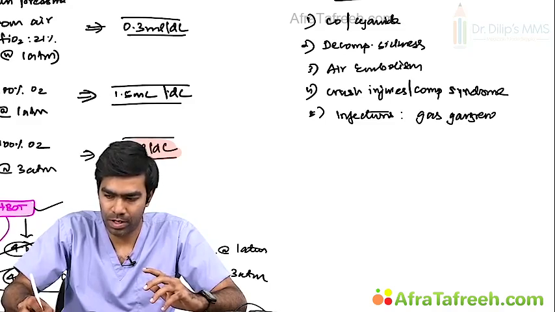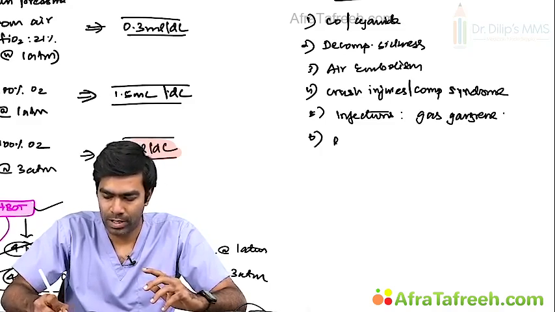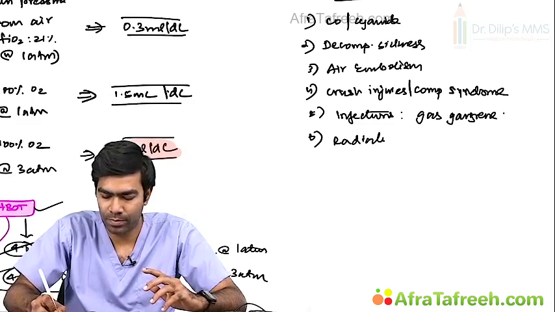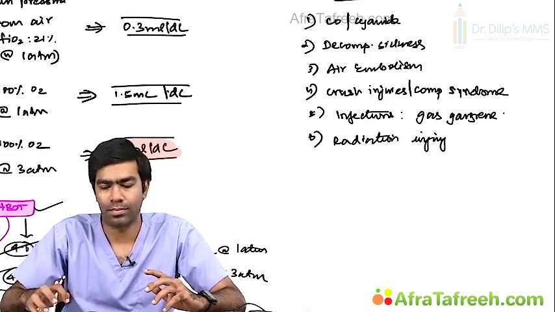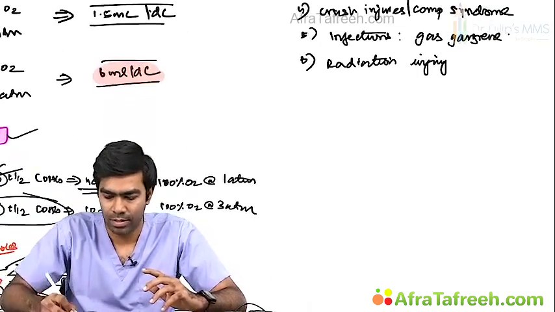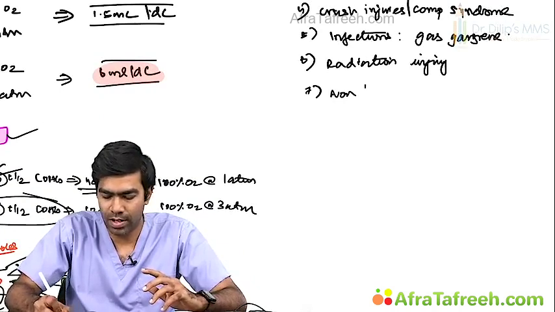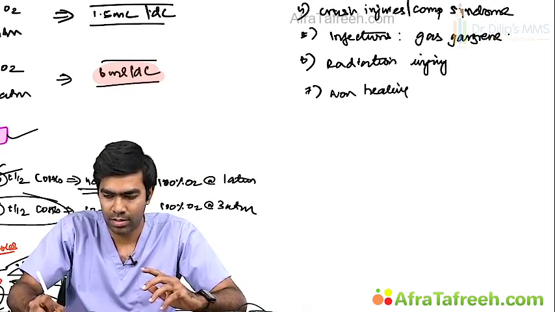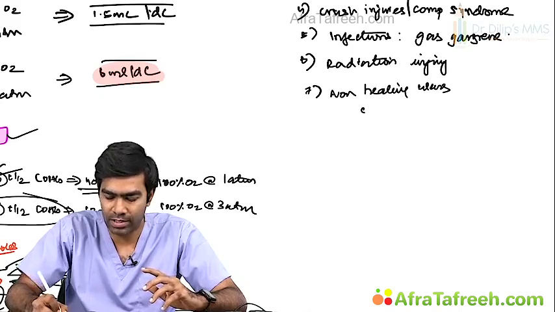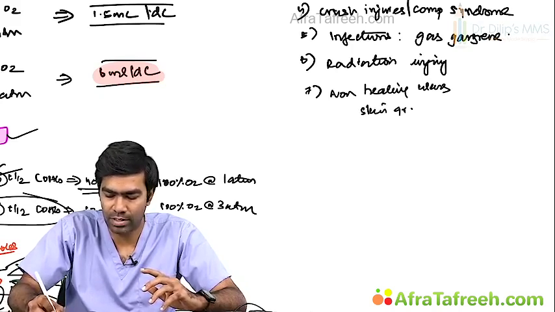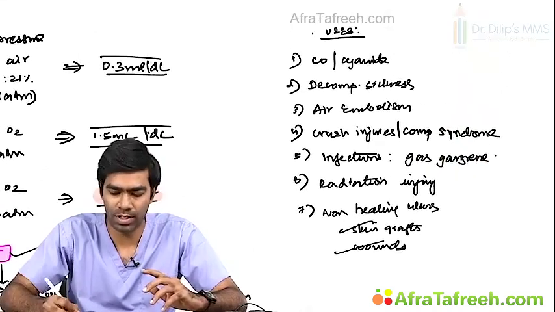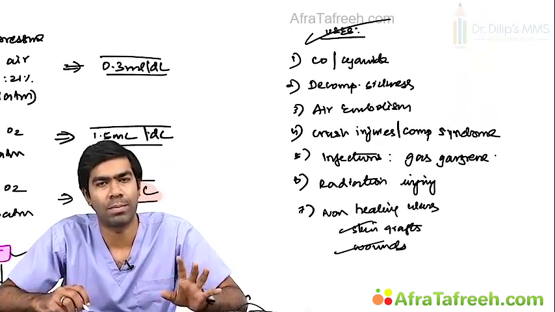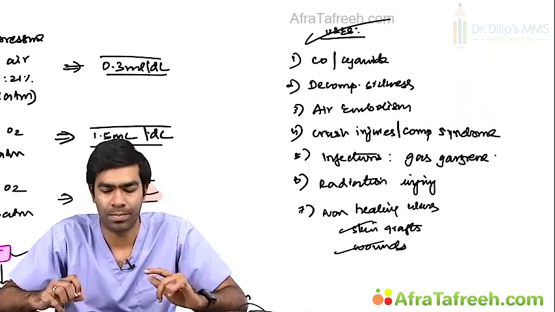Then radiation related injury, definitely, yes. Then in conditions where you have non-healing ulcers, then infected skin grafts, non-healing infected skin grafts, and non-healing wounds. So in all these areas, HBOT is proven to be beneficial. These are some of the important uses of hyperbaric oxygen therapy.